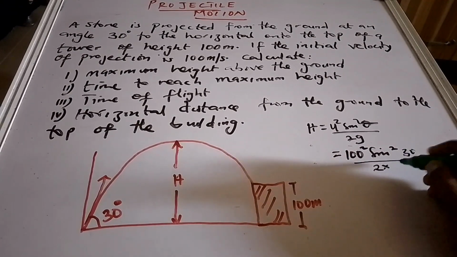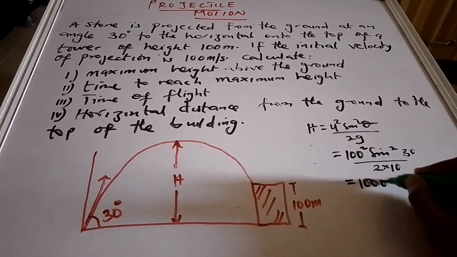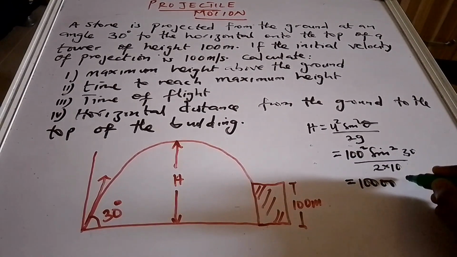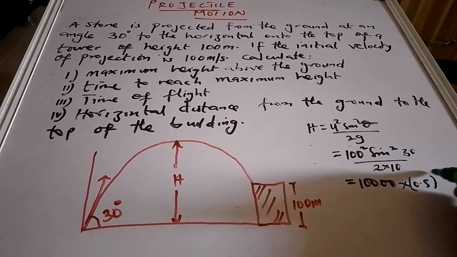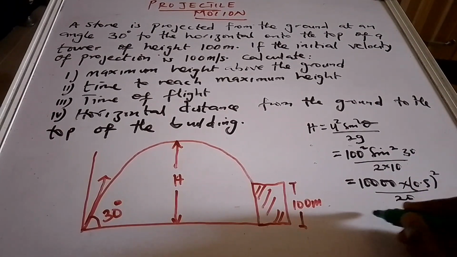Let's take our gravity to be 10. So we are going to have 10,000 sine square theta, and sine theta is 0.5, so 0.5 square is the meaning of sine square theta, then over 20.